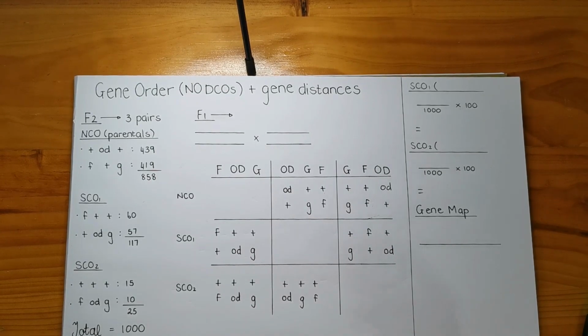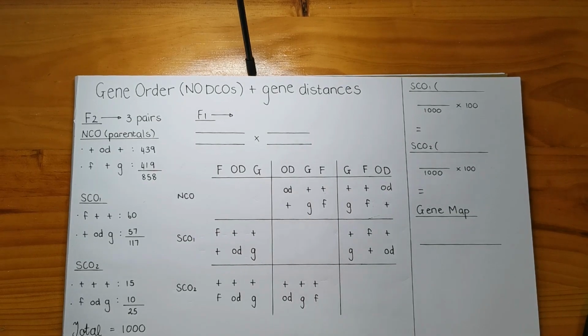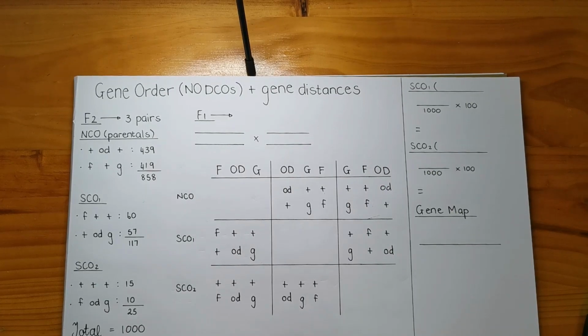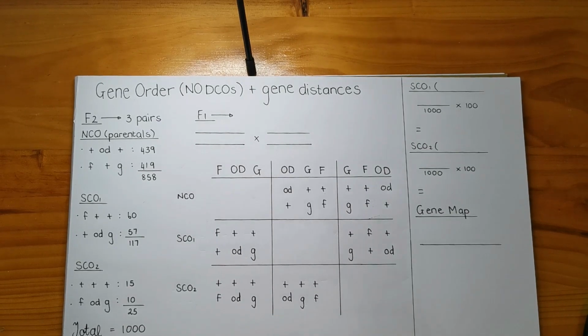I also wanted to point out that some of you may have missed this, but in the question they say that your wild type F1 females are heterozygous at all 3 loci, and they're also crossed to recessive males. This is for your F1, by the way.